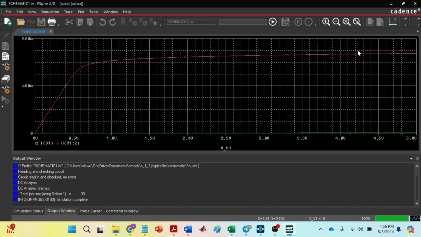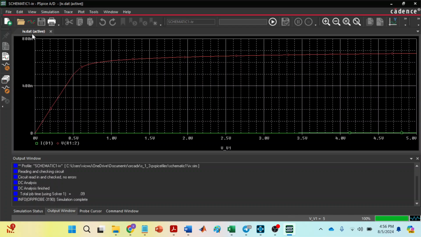The maximum value of the voltage is about, because here is 0.8 volts, here is 0.7 volts, so it's about 0.68 volts.